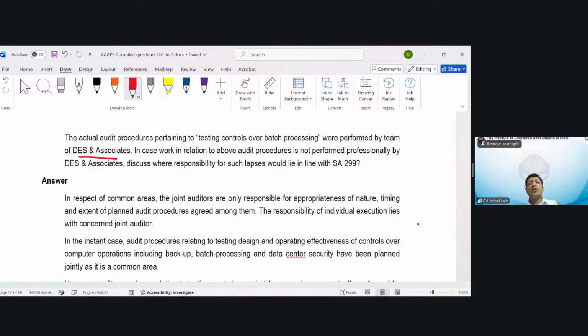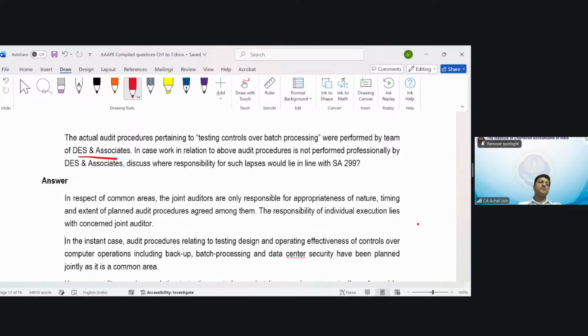In case work in relation to above audit procedures is not performed professionally by DS and Associates, discuss where the responsibility for such lapses would lie in accordance with SA 299. Yeah, so that consideration of SA 299 we need to have, and accordingly we need to answer this, right?